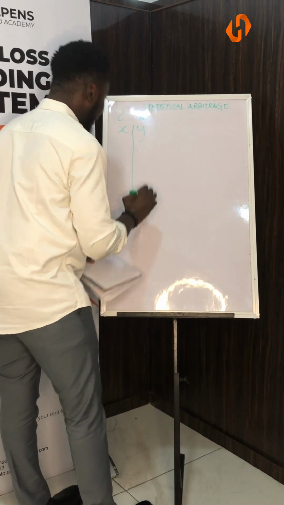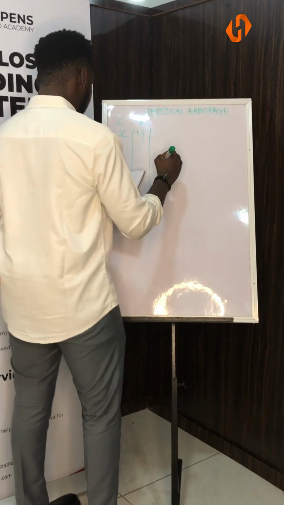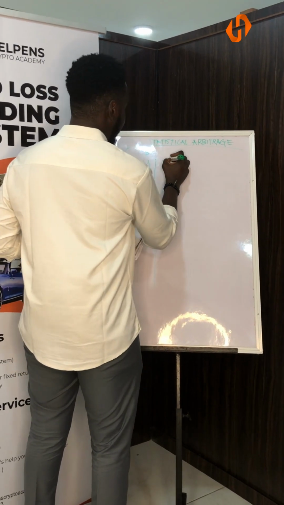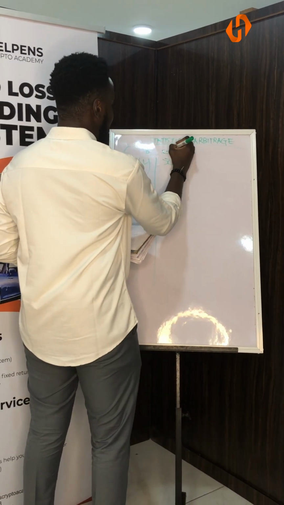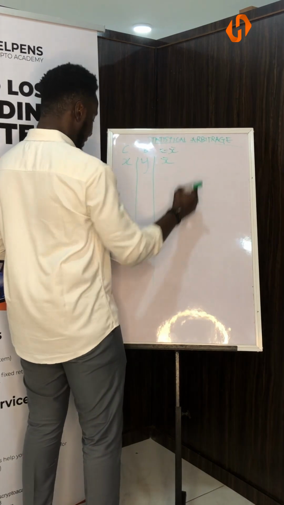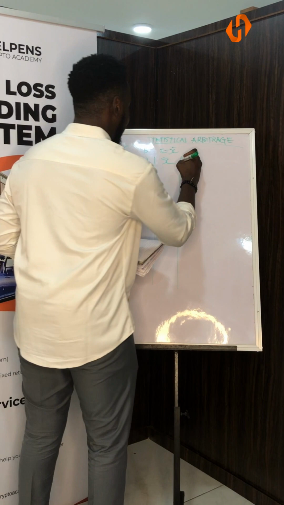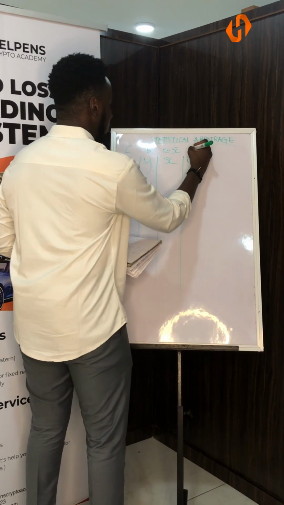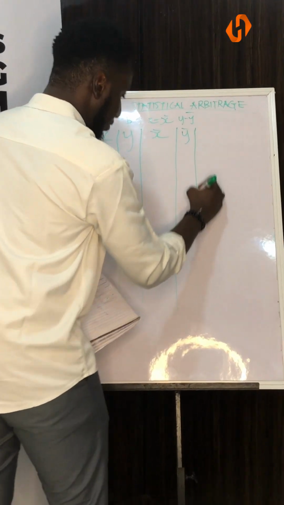Then we'll draw another line for X minus mean X, then Y minus mean Y to get this value.